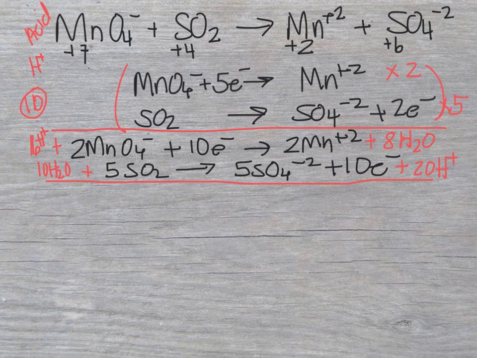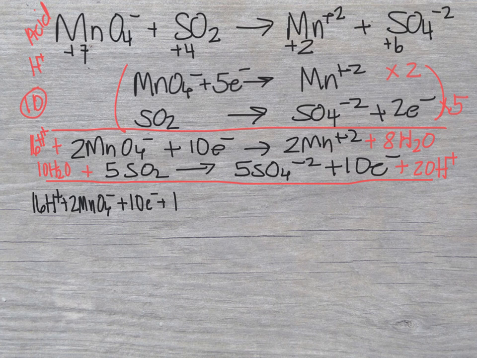How do you know you're doing this right? The H2Os should be typically on opposite sides. The H pluses should be on opposite sides. And we're going to simplify and make this a lot easier to read. All right, we combine these two half reactions, and I am going to have to write small. So I have 16 H pluses here, and 2 MnO4 minuses here, 10 electrons.